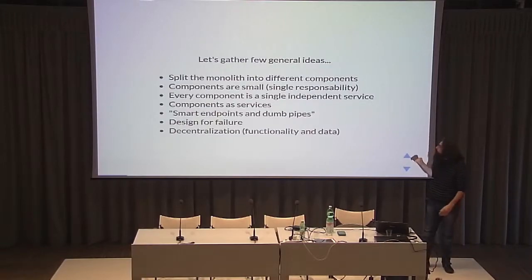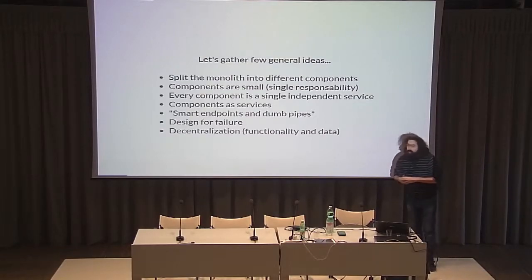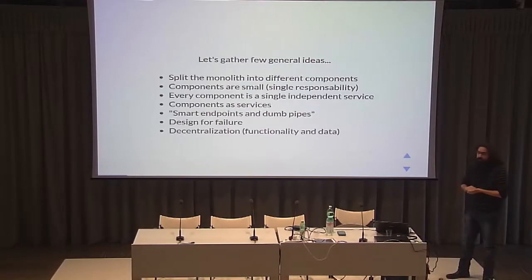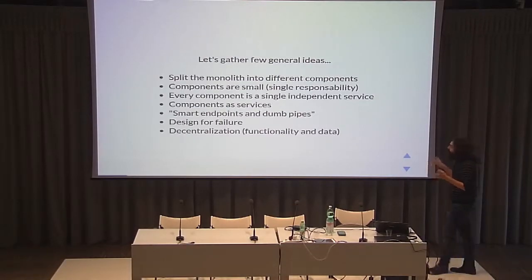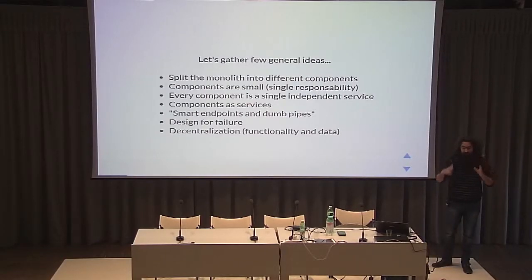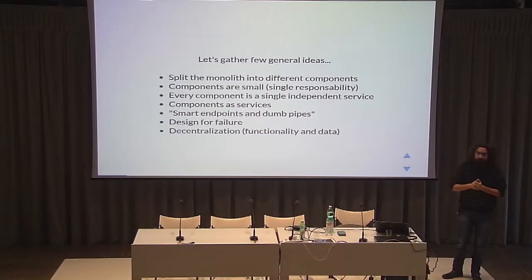The first idea is that I'm going to split my monolithic application into components, which in our case are services. Small external services that are not glued together in a single process, in a single server, but are split up, maybe on different machines, in different processes.